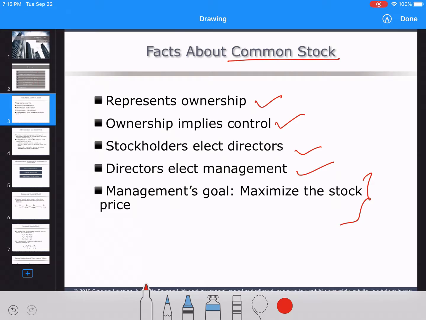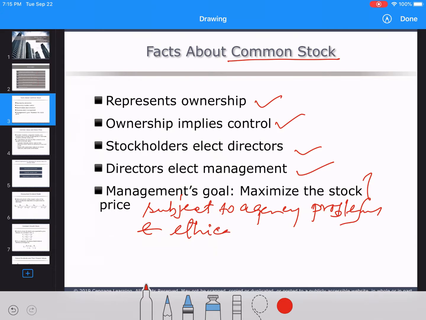And we told you that this is subject to agency problems and ethical discipline. Taken care of.